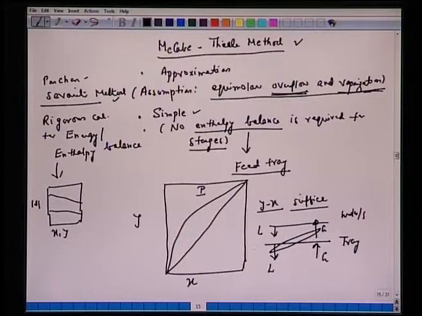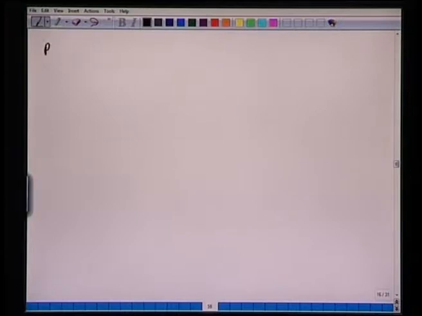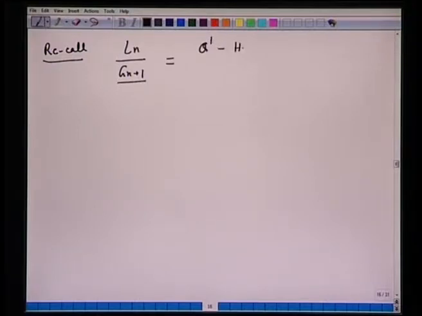So what is the basis of these assumptions? How does it evolve? From where do we get it? Let's focus here. If you recall, in the Ponchon-Savarit method, we had expressions for Ln over Gn plus 1. So the liquid which is leaving the tray n and the vapor which is arriving from n plus 1, reaching this nth plate, the ratio of the two molar flow rates we wrote in terms of Q dash, the enthalpy of the vapor phase n plus 1, and we had Q prime over HLn.